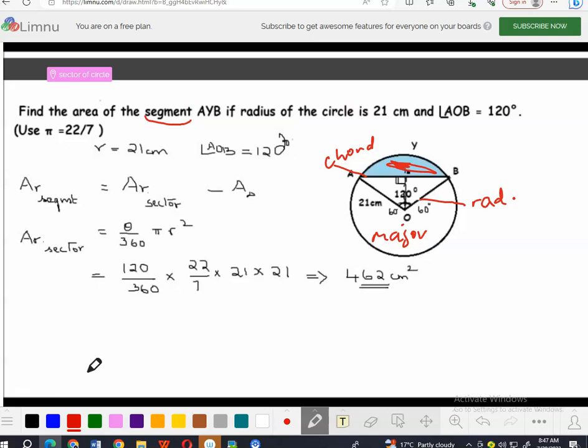To get the sector, we get the angle at the center first, and when we get the angle, we will be able to find what we are supposed to do.